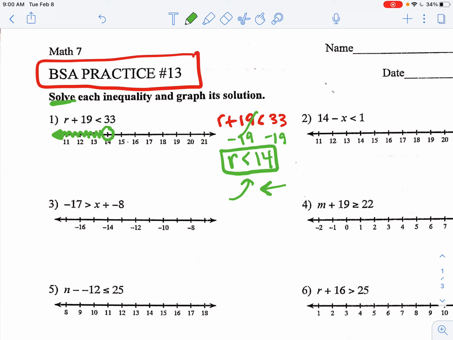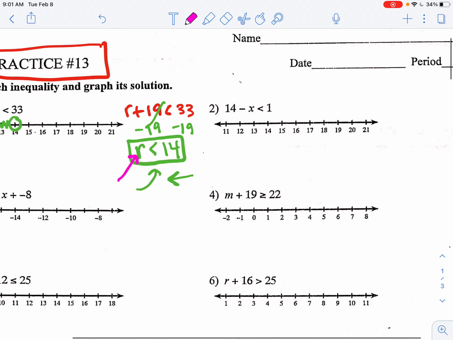Well, the only way that's going to work is if the variable is in the front. So if r comes first, or whatever variable you have, if that's first in your statement, you can shade the way the arrow points. But if r would have been in the back, you'd have to shade the opposite way. So be very careful about trying to make a rule out of shading the way the arrow points.